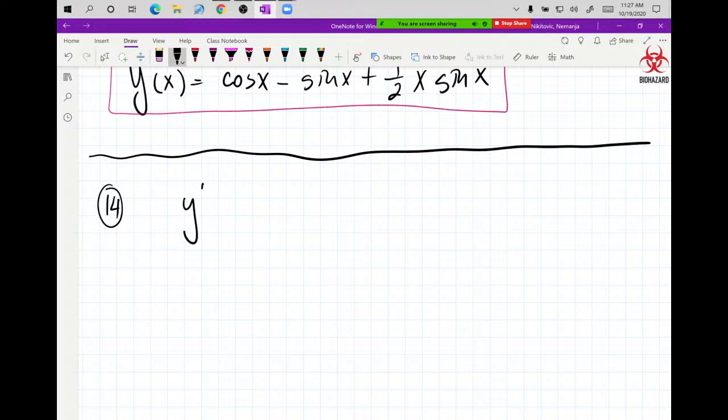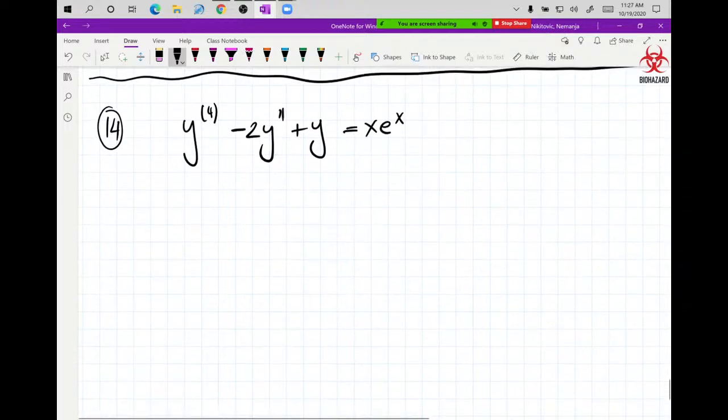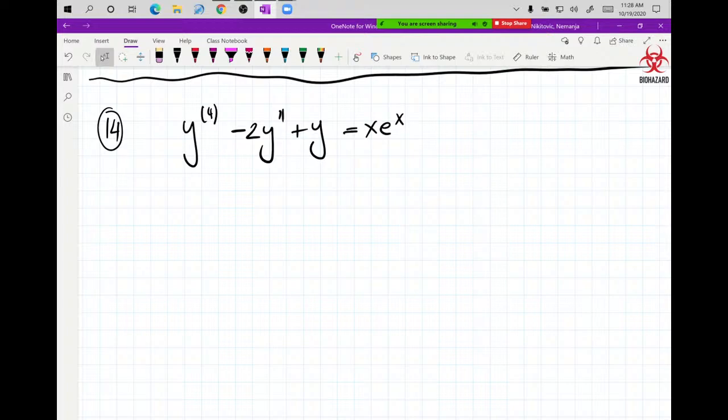It says the fourth derivative of y minus 2y double prime plus y is equal to x e to the x. So let's go and take a look at this problem. Here we go.